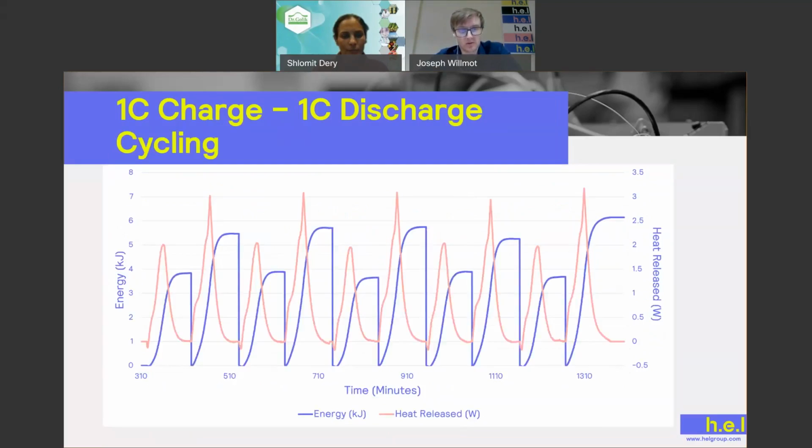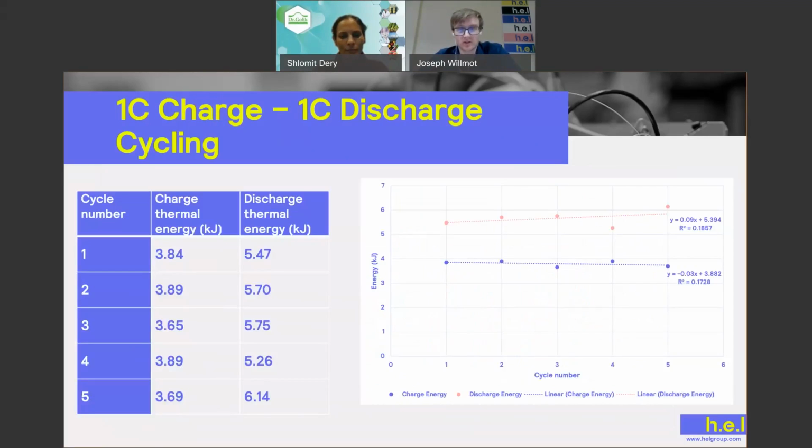So again, we look at the heat released from the battery, the heat flow of the cell, and we integrate this to look at the total thermal energy provided from this cell during its 1C charge and 1C discharge. If we then compare all of those integrated energies against each other, we can see that over this short period of 5 cycles, there's not a massive amount of change in the cell's performance.